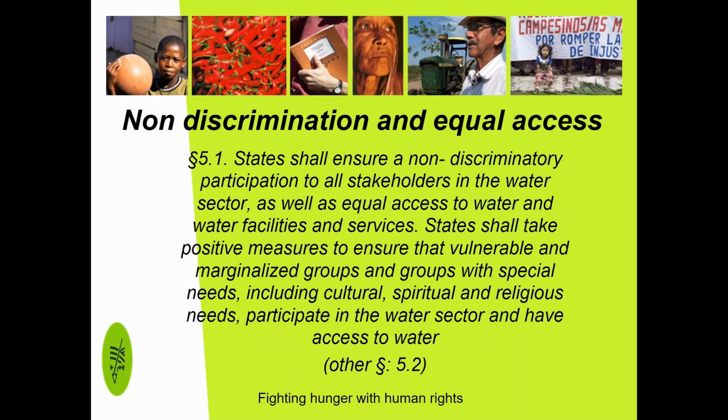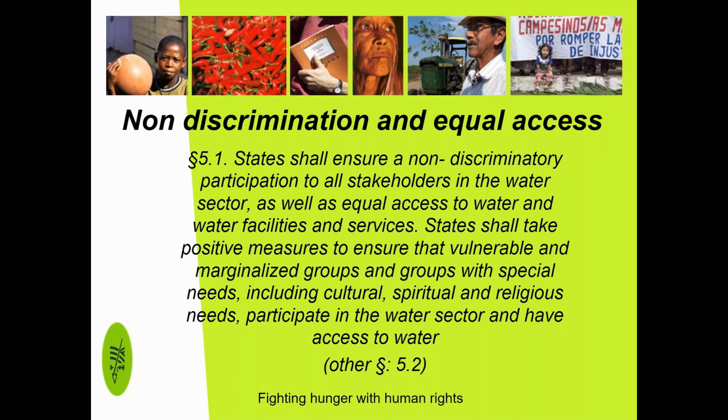Non-discrimination and equal access is also one of the elements in the general obligations. There's no way a state can realize the right to water if there is discrimination against some groups or some communities on different bases.